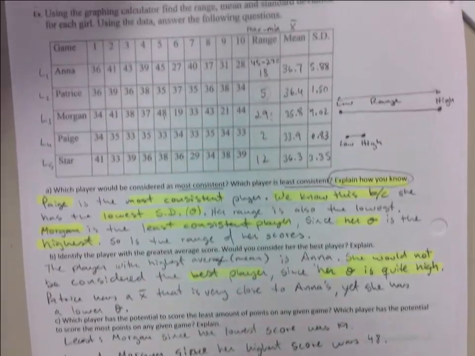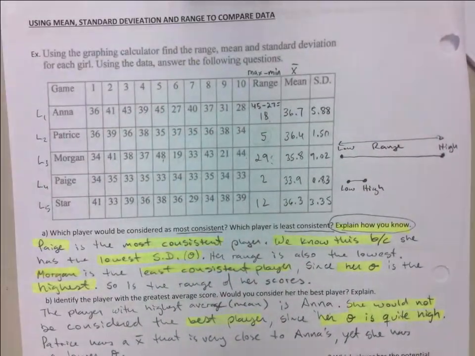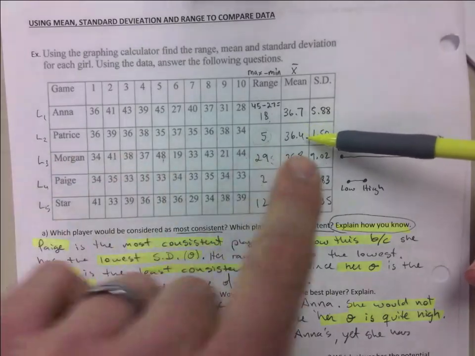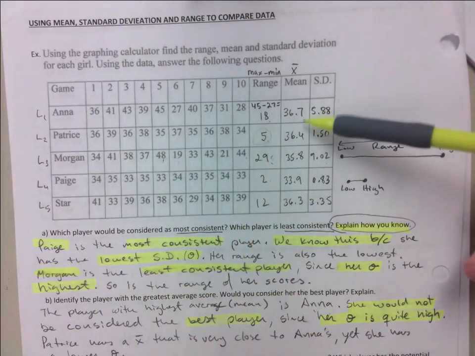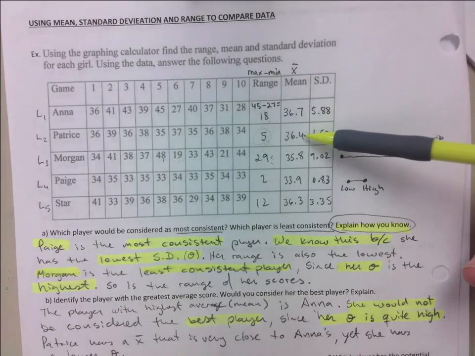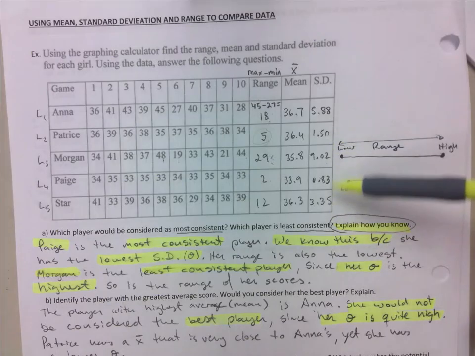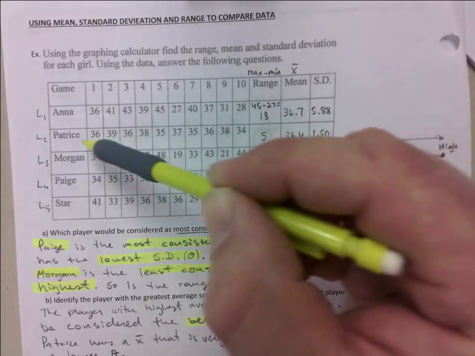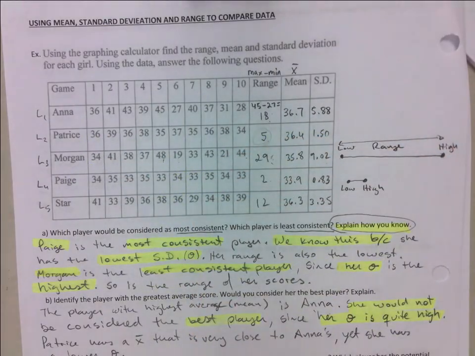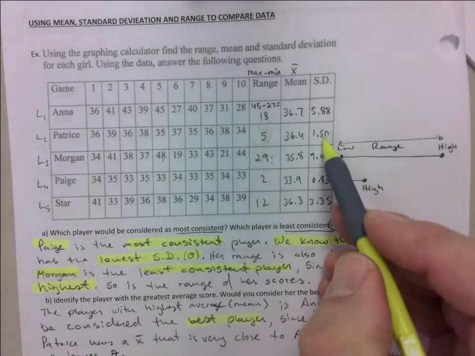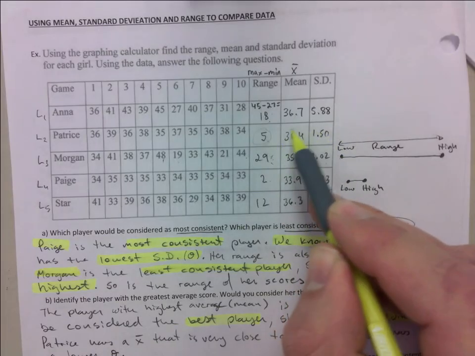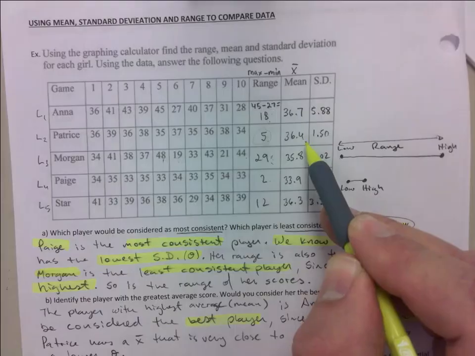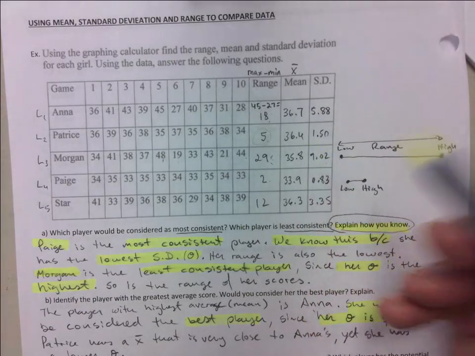If you combine the two, Patrice is not the highest average, but is really close to the highest, and has a standard deviation that is not too bad compared to all the other ones. So if you combine the average and the standard deviation, Patrice is probably a good pick, because she has quite a bit of consistency, and the average is quite high. That's the combination, the sweet spot there.